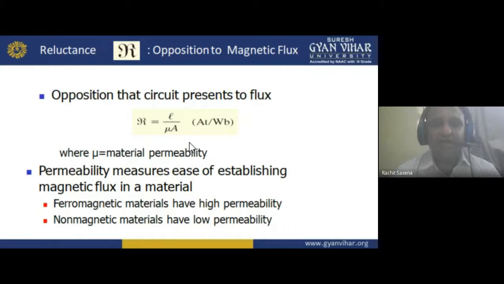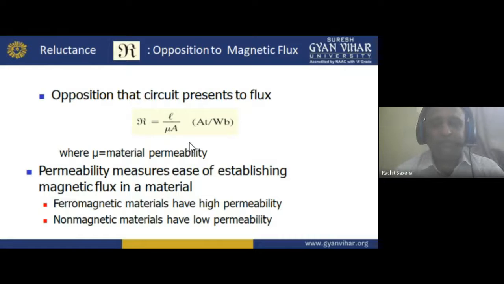We can also calculate the value of reluctance by the formula L by mu A. L is the length, mu is the permeability, and A is the area.